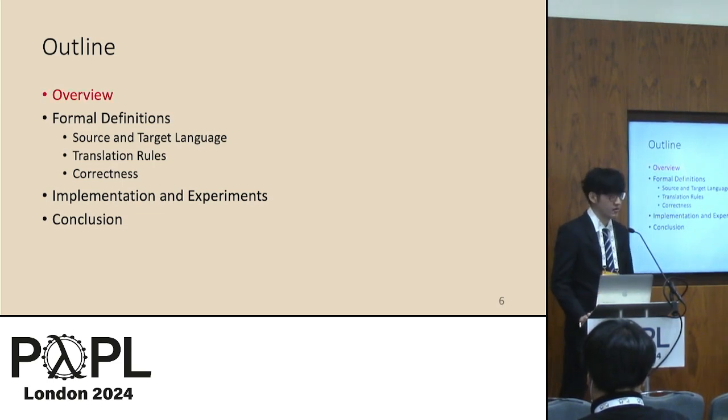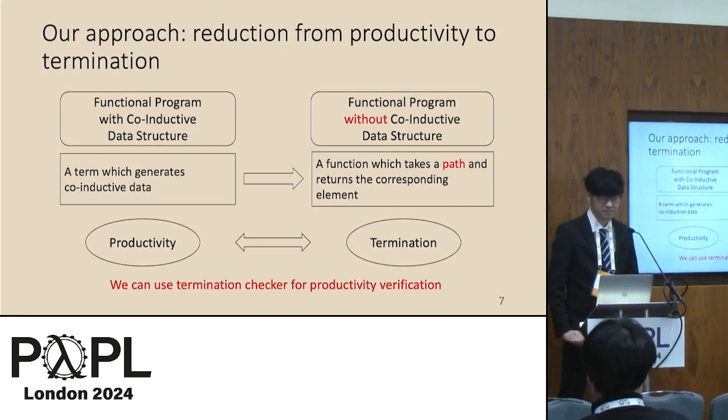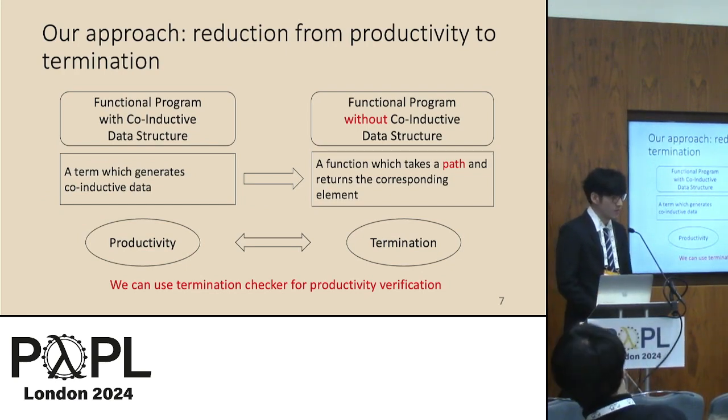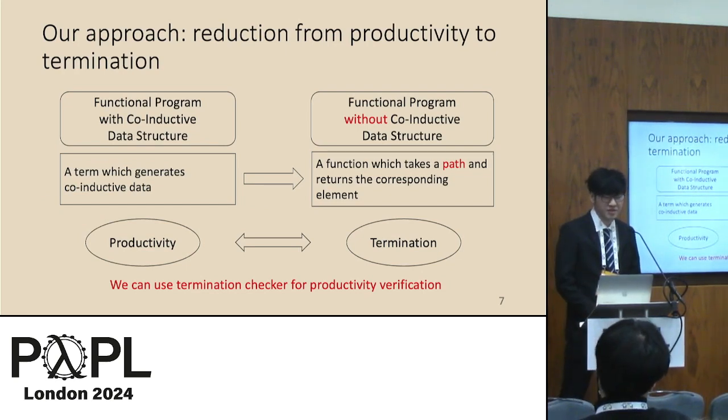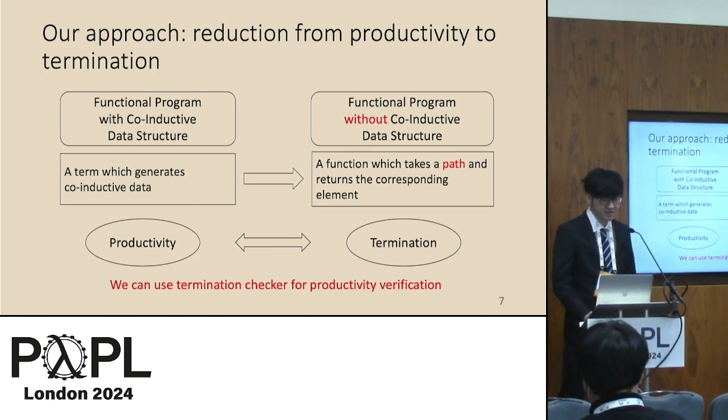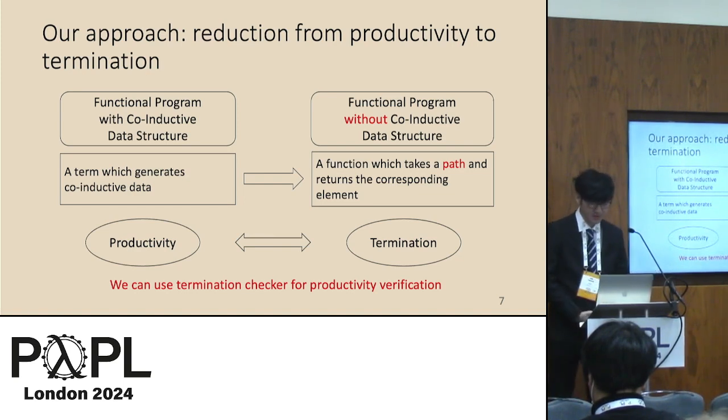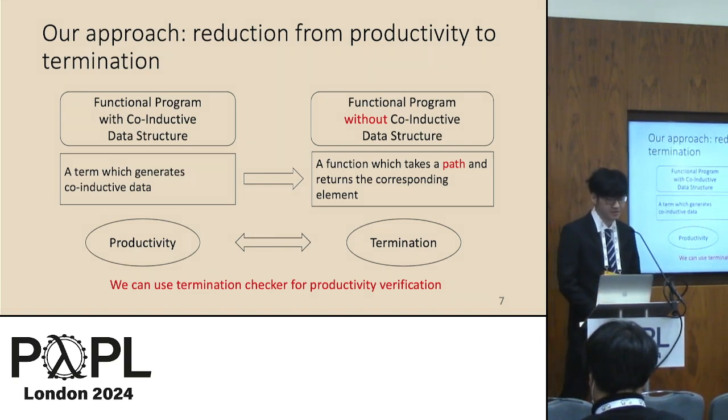Let me overview our method. Our approach is a reduction from productivity to termination. We consider a functional program with co-inductive data structures as a source program. Given a source program that generates a co-inductive data structure, we translate it into a function which takes a path, which represents a position of the data structure, and returns the corresponding element.